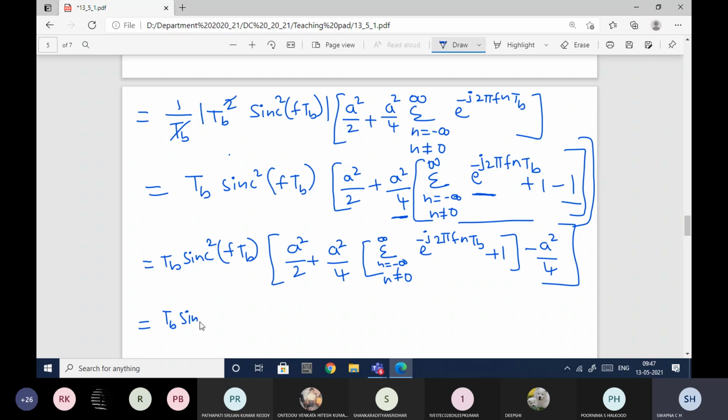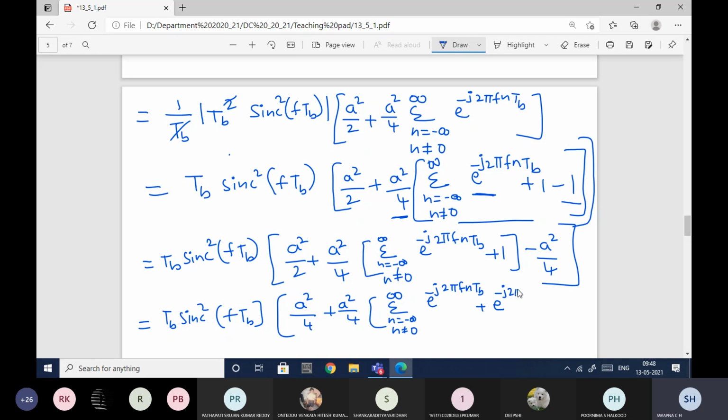TB sinc square FTB into A square by 2 minus A square by 4, it will be A square by 4 plus A square by 4 into summation n is equal to minus infinity to plus infinity, n not equal to 0, e power minus j 2 pi fn tb. This 1 can I write as e power minus j 2 pi f0 tb? Can I write in this way?